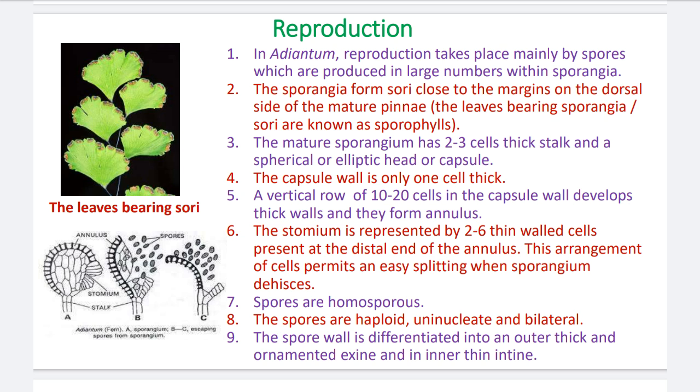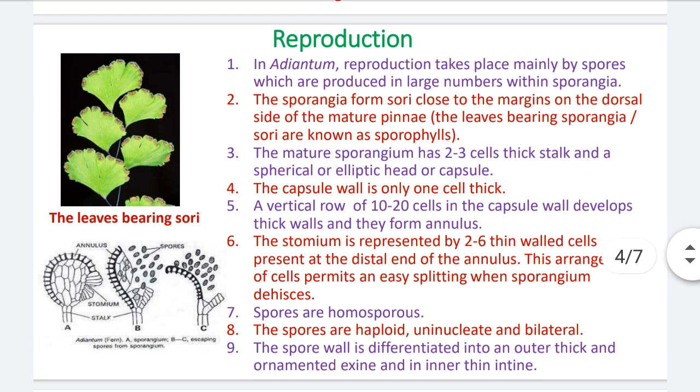Number 9. The spore wall is differentiated into an outer thick and ornamented exine and an inner intine. The spore wall is bilayered, and the outer wall is thick and ornamented, called the exine, and the inner wall is thin, which is the intine. So this is about the characteristics of the sporangia.